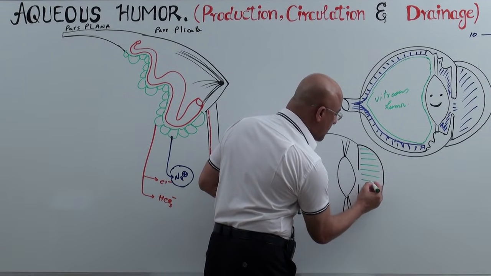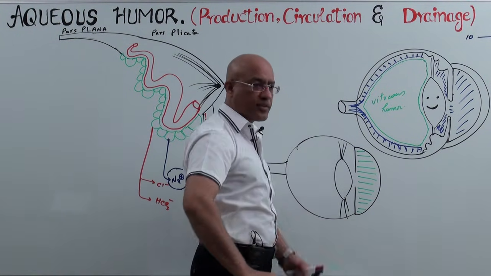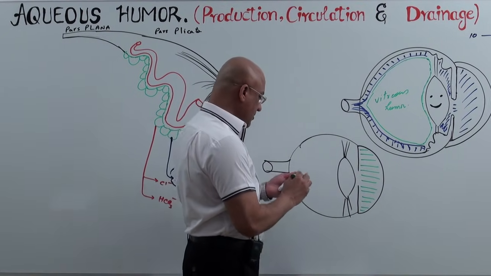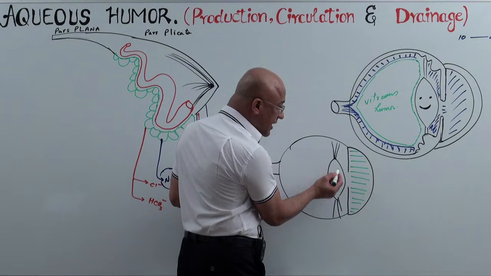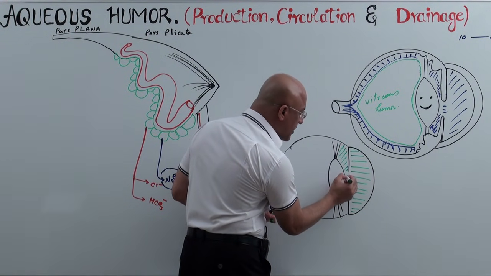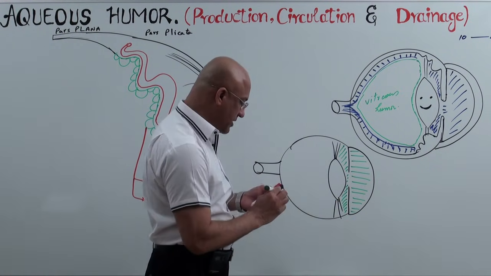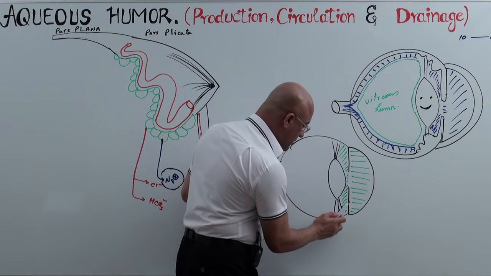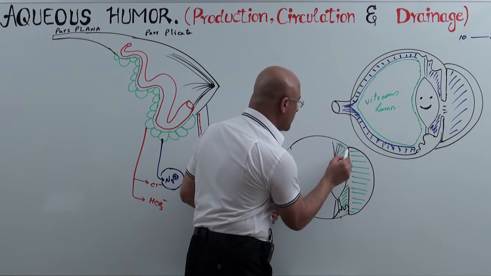What is it called? Anterior chamber. Usually at its central point, it's about 3 millimeter deep. This is the anterior chamber. And the area behind the iris, but in front of the lens and suspensory ligament, this area is called the posterior chamber, right? Naturally, what is this here? Ciliary body, and I must draw it here also.